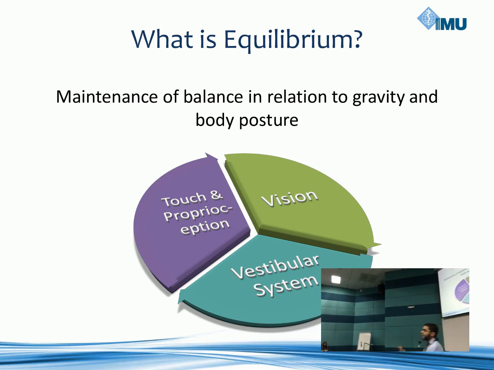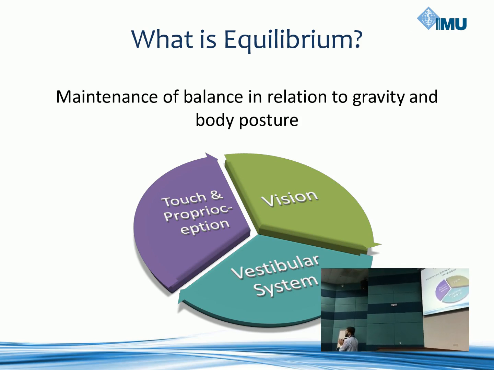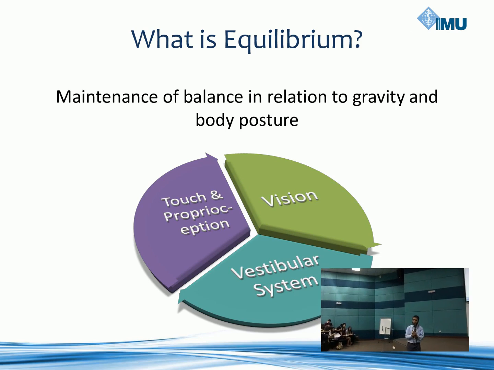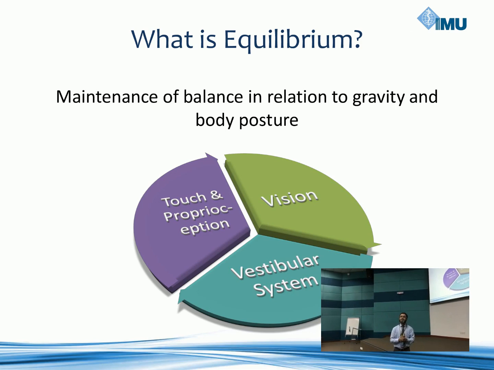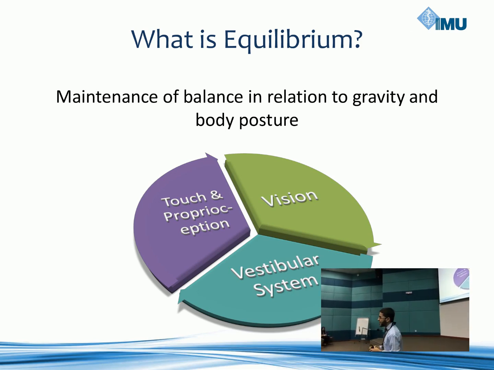Alright, now after the sense of hearing, let's talk about the sense of balance or equilibrium. The sense of equilibrium, or sense of balance, comes from different receptors. It's not only the ears.